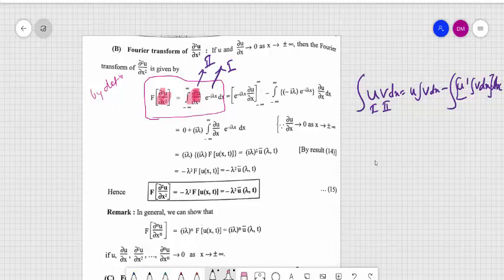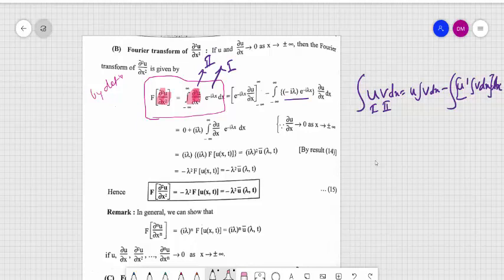Here, the second function is the double derivative of u with respect to x. Its integration is the single partial derivative, minus the derivative of e raised to iλx with respect to x, that is this, into the integration of the second function, which is ∂u/∂x.